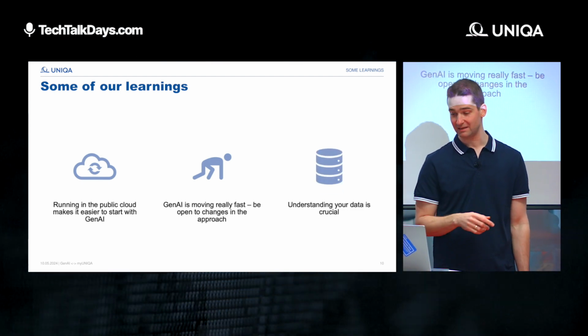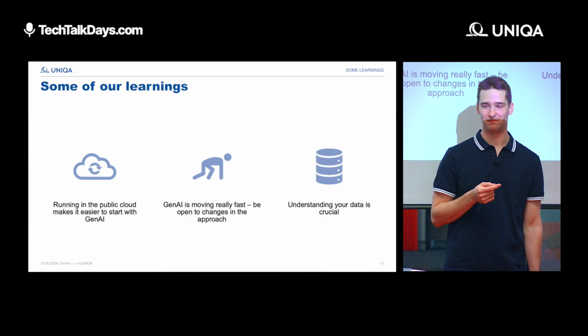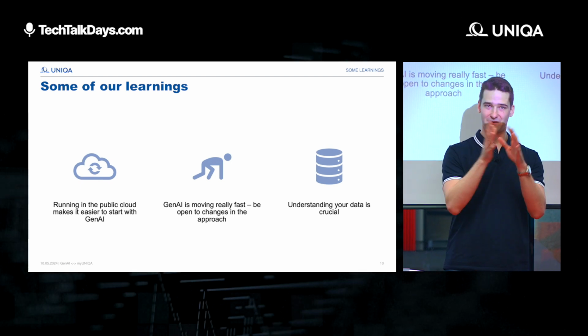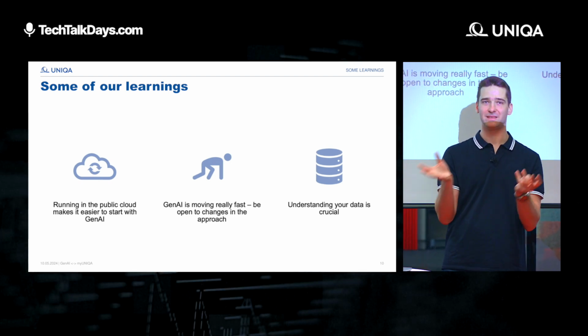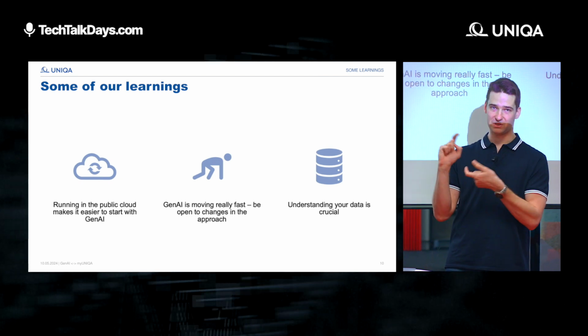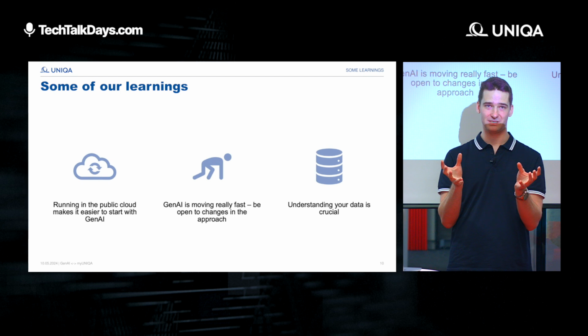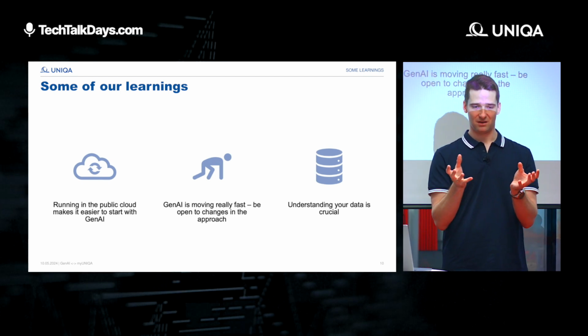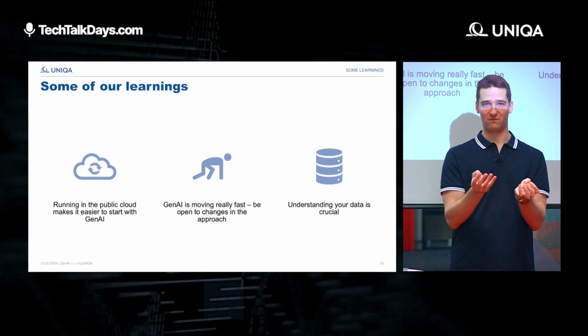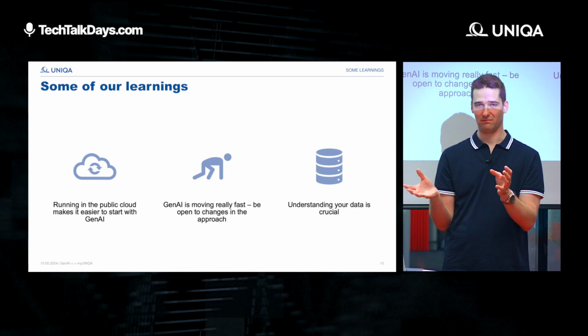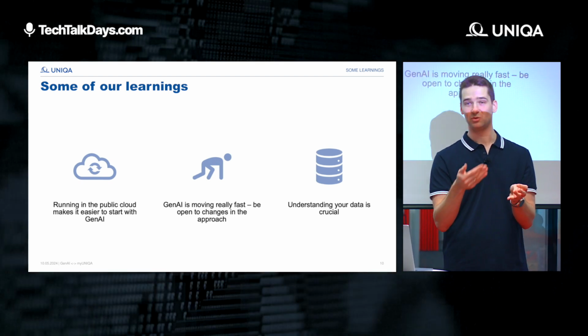And lastly, understanding your data is crucial, because we could have the prompt and get something, but for example, resolving the contradictions requires really understanding what the foundation is, what the customer situation is, what the customer is confronted with, and how to tell the AI to do the right thing.